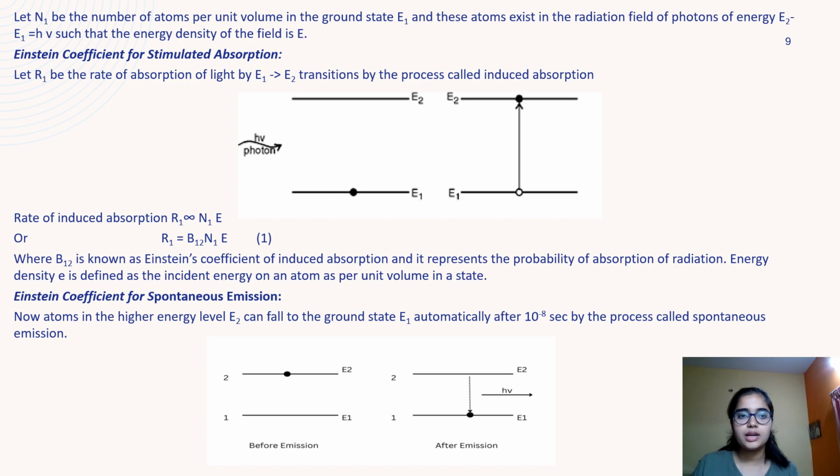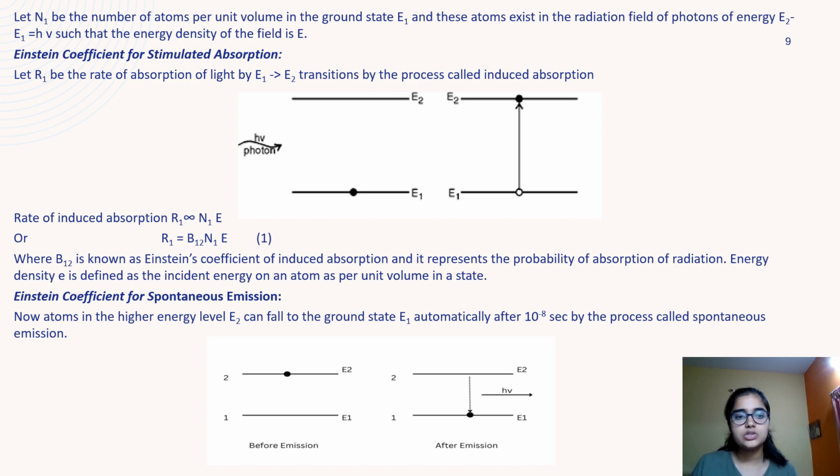Let R1 be the rate of absorption of light by E1, in which the atom is transformed to E2. This process is known as induced absorption, where the atom from the ground state is excited to the higher excited state.